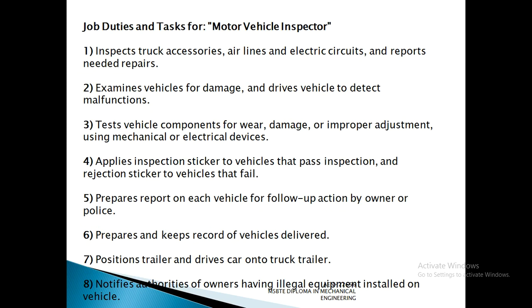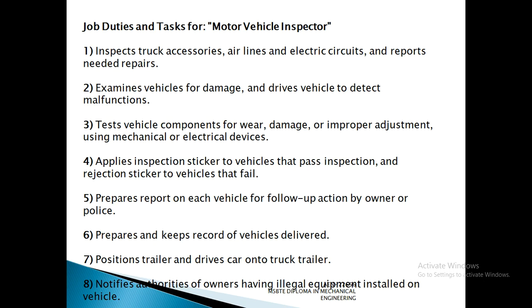Now next comes the motor vehicle inspector. The motor vehicle inspector inspects the truck accessories, airlines and electric circuits and reports needed repairs, examines the vehicle for any damage, drives the vehicle to detect any malfunctions, and tests the vehicle's components for wear, damage or improper adjustment of mechanical or electrical devices.